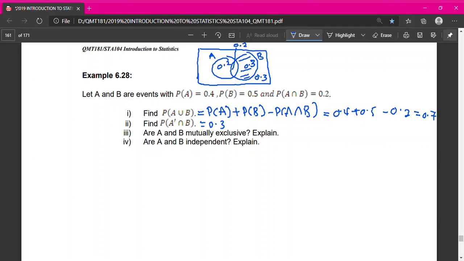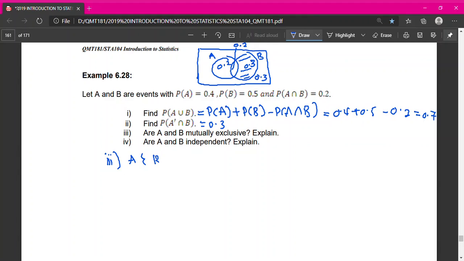Okay, soalan yang ketiga yang kita nak jawab tadi. Are A and B mutually exclusive? Explain. Okay, so dah terang lagi bersuluh because there is intersection between event A dan event B. So we can say that A and B are not mutually exclusive, tapi kena explain why, so you kena state the reason.